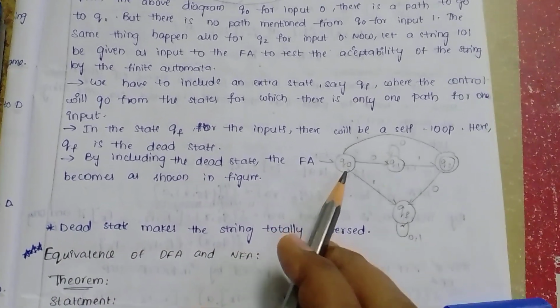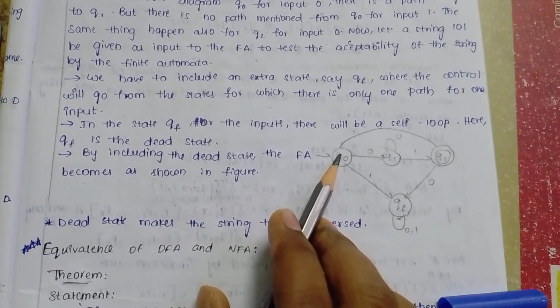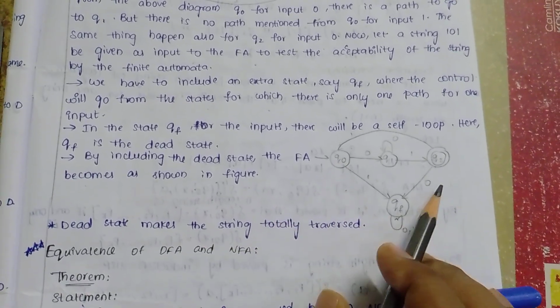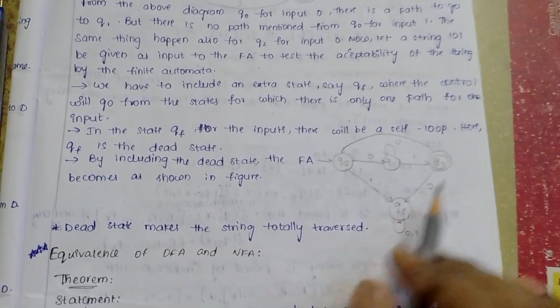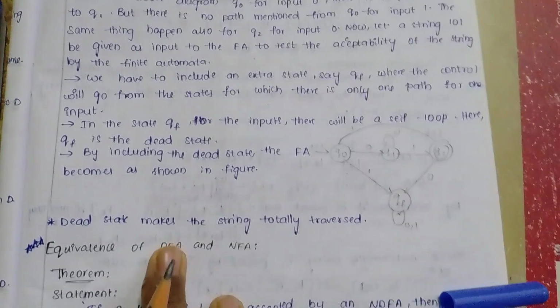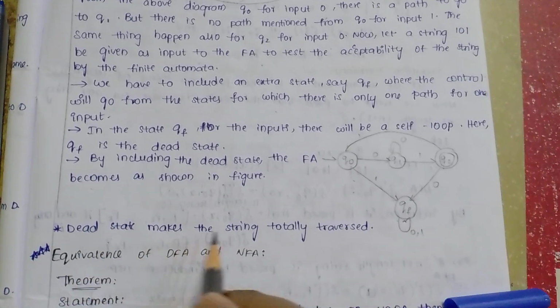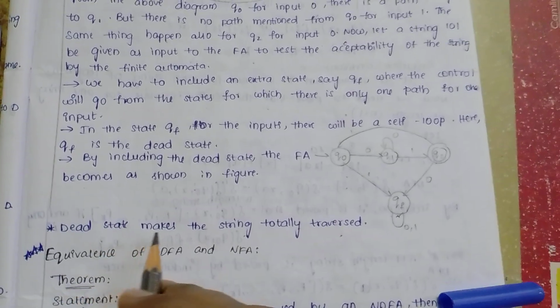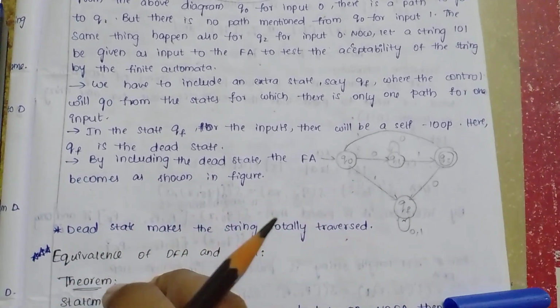In this figure we connect input 1 and input 0 to QF from Q0 and Q2. So the test state makes the string totally traversed.